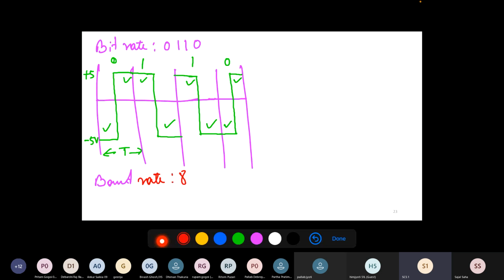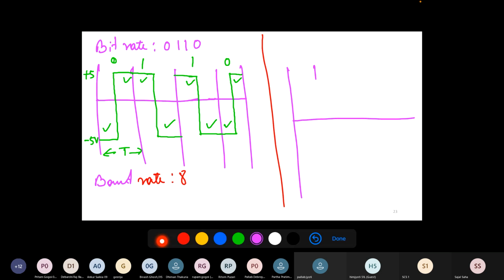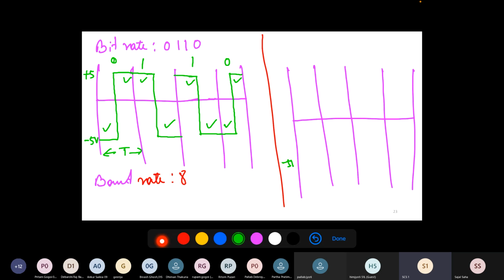Okay. Now I am showing another case to you. Earlier we used to represent minus 5 voltage as 0 and plus 5 voltage as 1. Right now, what will you do? We will divide the entire voltage level into 4 voltage levels.